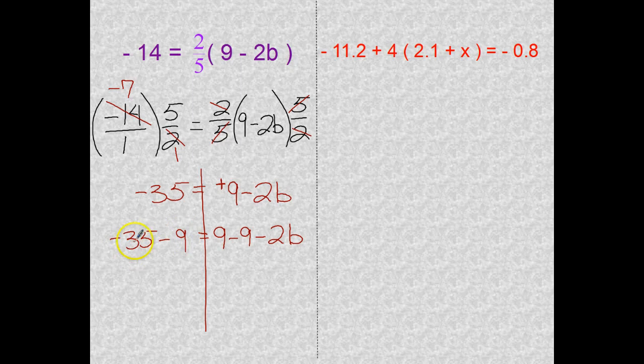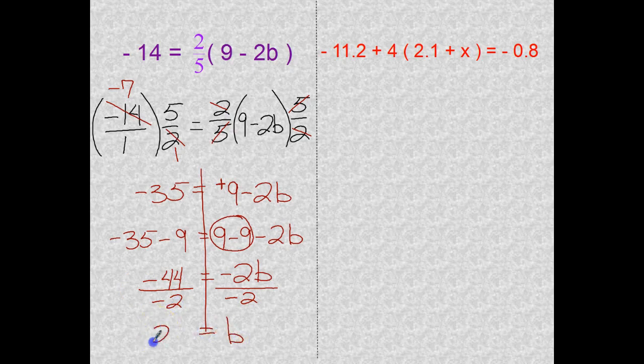So we have negative 35, take away 9 is negative 44, equaling, these are now zeros, negative 2b. Divide both sides by the coefficient, which is a negative 2. So b must be equal to positive 22. Go check that.